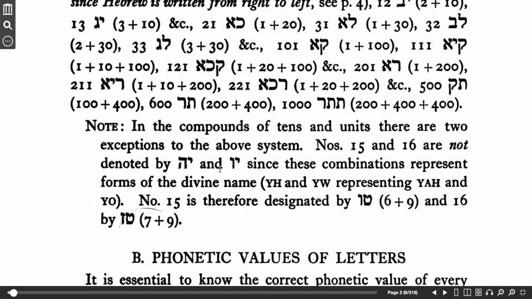So you'll see this as we go into the Hebrew Bible. So for the values of 15 and 16, it is designated in a different way. It's 9 plus 6 and 9 plus 7, instead of 10 plus 5 and 10 plus 6.